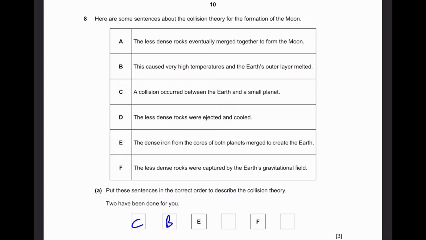And due to that, the dense iron from the cores of both planets merged to create the Earth. And then these less dense rocks were ejected from this highly dense matter, and then they were captured by Earth's gravitational field as already given, and at the end, the less dense rock eventually merged together to form the moon. That's our answer.